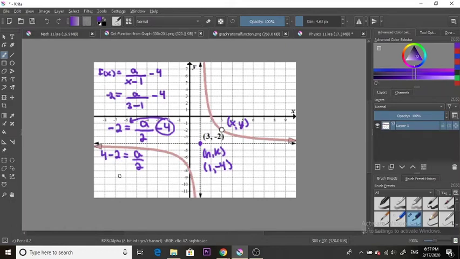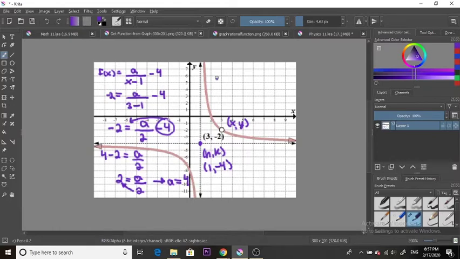So then we have 2 is equal to a divided by 2. Now the last step we need to do to get a isolated is to multiply this 2 with the bottom here. So this will give us our a is equal to 4. This is step 2 done.